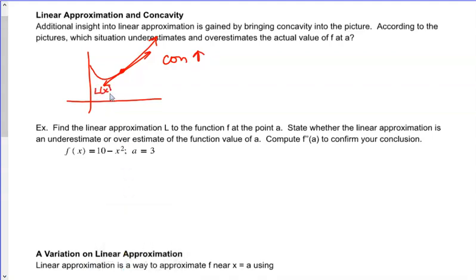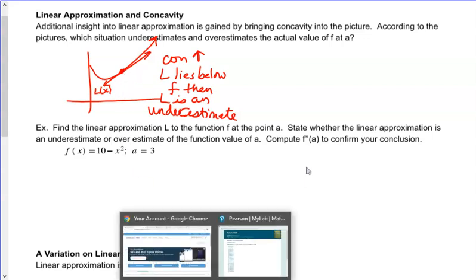If this is L of x, it lies above or below that function. Well, in this case, L lies below f. And if L lies below f, then L is an underestimate. It is not as big as the actual function, but it is below there, okay?